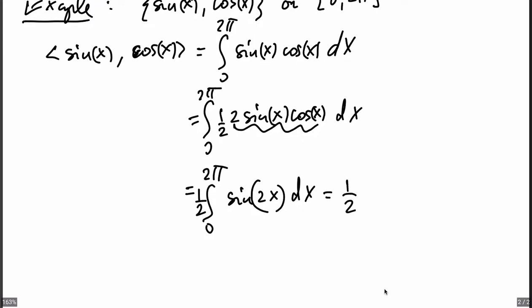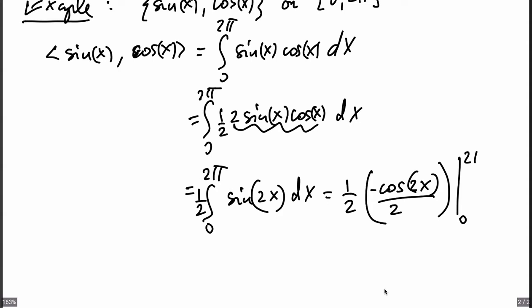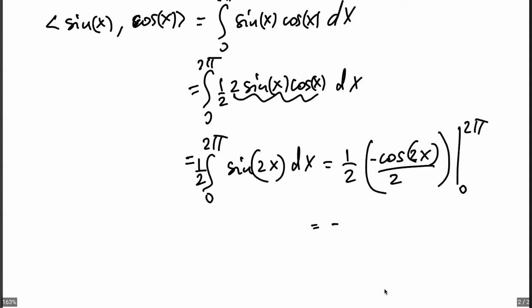The integral of sine is minus cosine. And because we have the 2x there, a little quick substitution would give us 1/2, and evaluated at 0 and 2 pi. So we get minus 1/4 cosine 4 pi, and then minus minus, so plus 1/4 cosine 0.